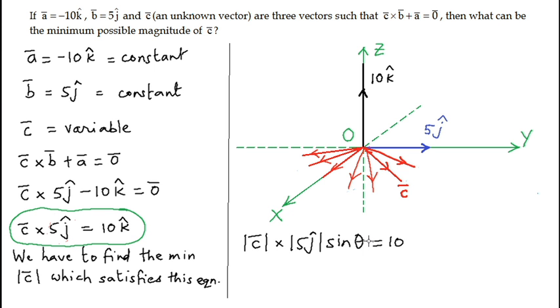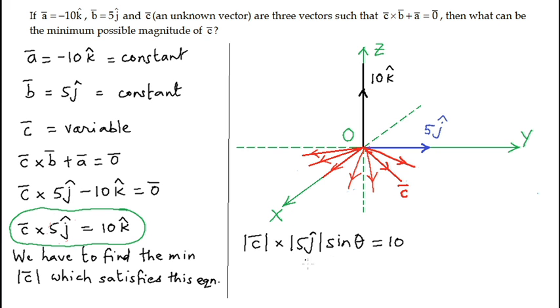If you want to see an illustration of the angle theta in the diagram, you could look at this particular possible direction of c bar. In that case, the angle theta would be this angle. That's angle theta.